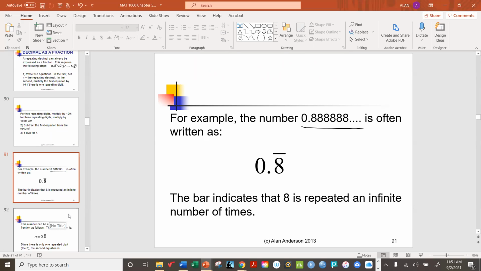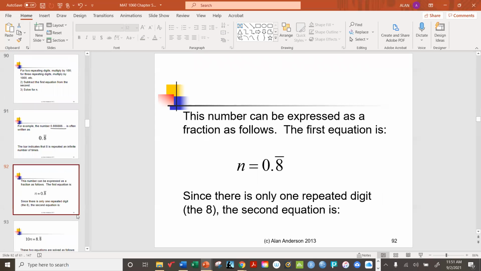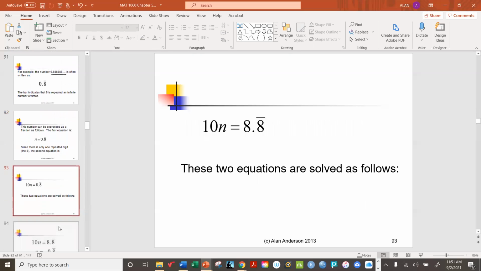Number one, let's just call this n. n is the variable that represents 0.8 bar. No problem there. Now, here's the clever part. If n is 0.8 bar, what is the value of 10n?